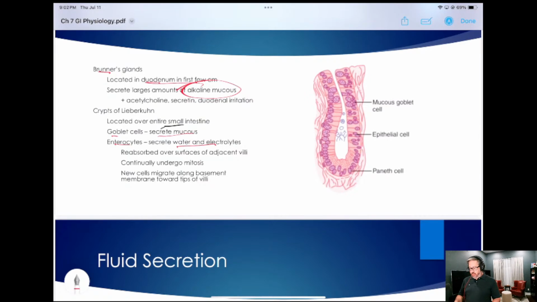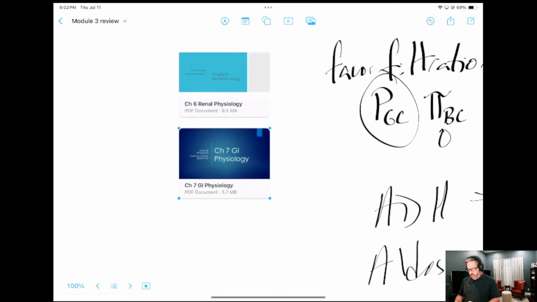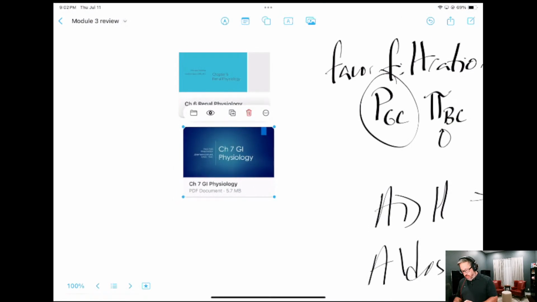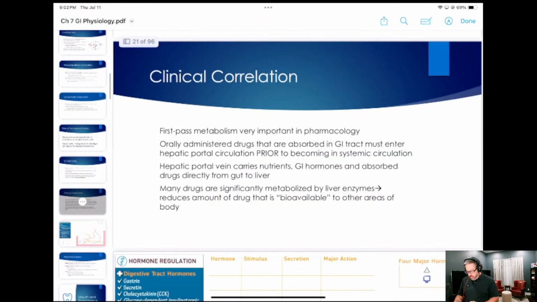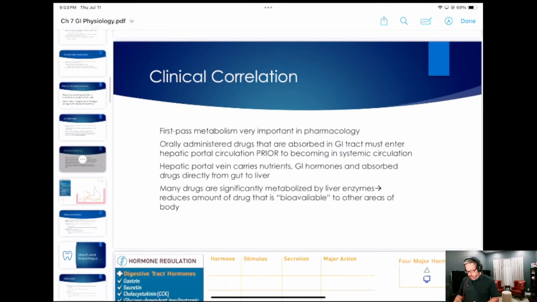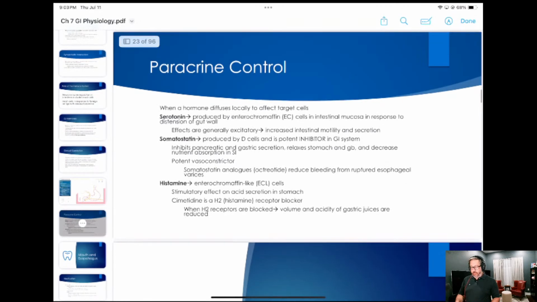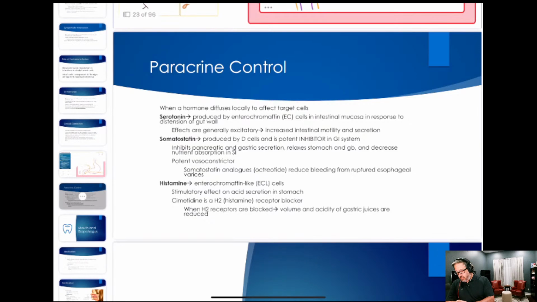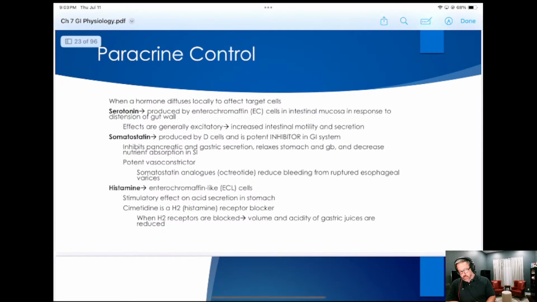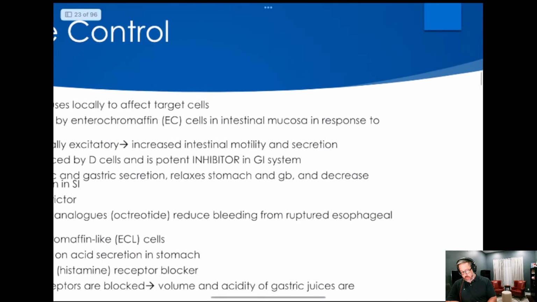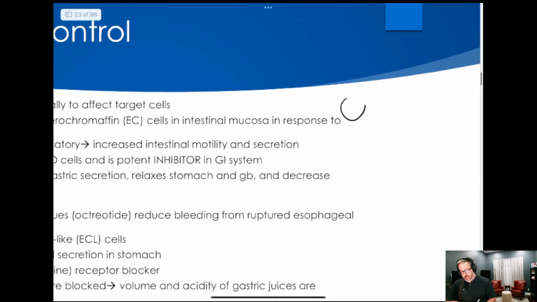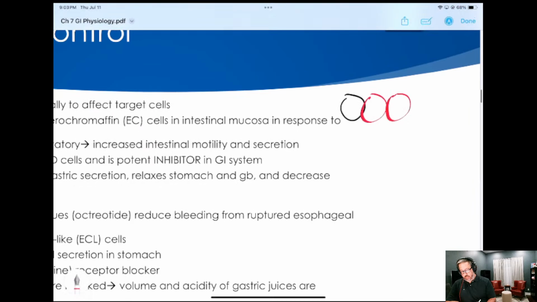Paracrine control, slide 23. Paracrine control means we have a bunch of cells.